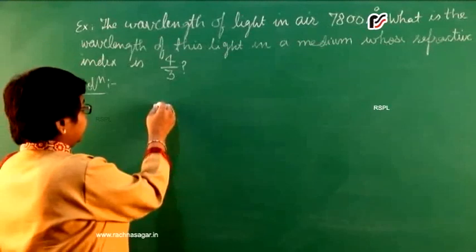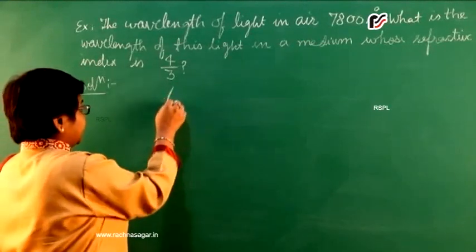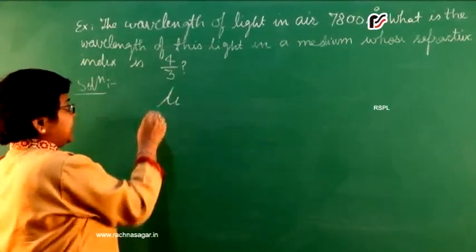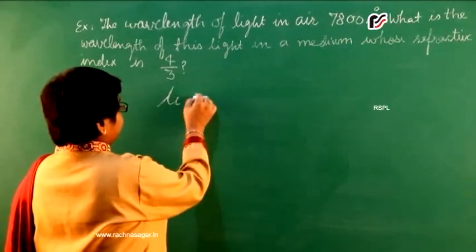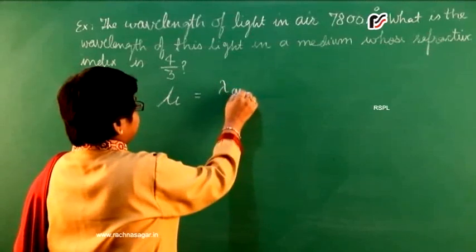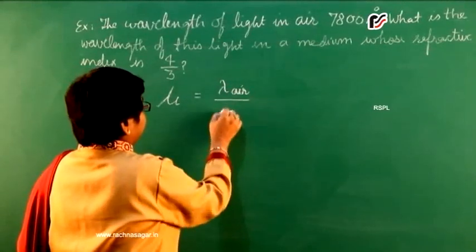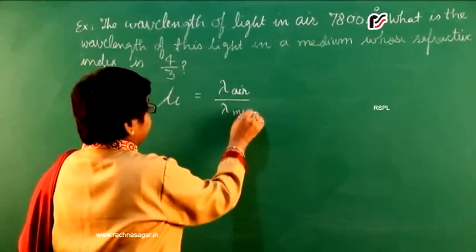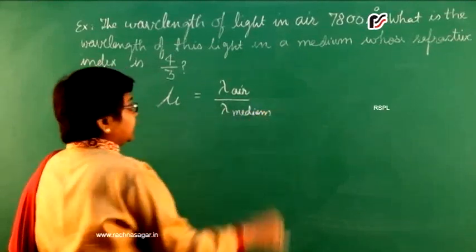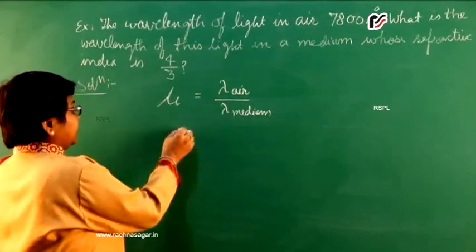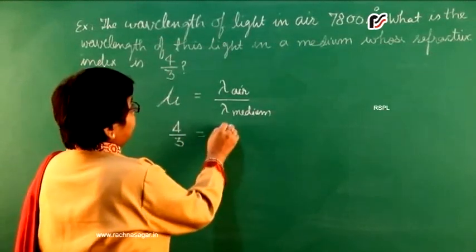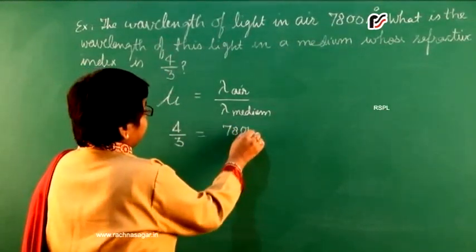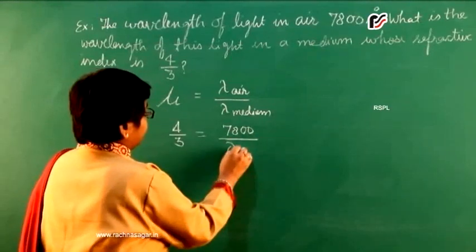We know that the refractive index depends on the wavelength of light, that is, refractive index equals wavelength in air divided by wavelength in medium. Here the refractive index is 4/3, and the wavelength in air is 7800.